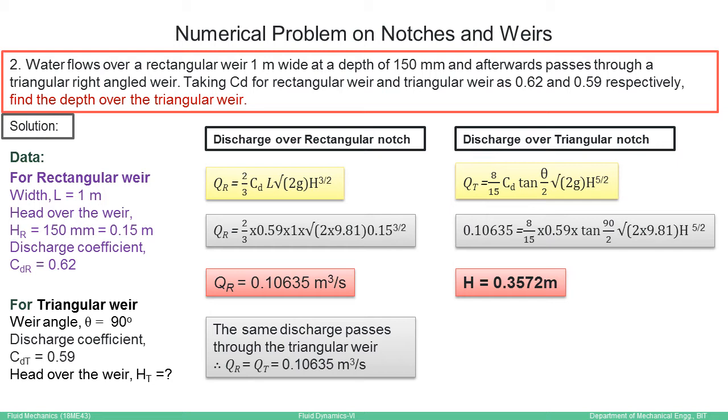In order to get h from h power 5 you take the fifth root of that value, and there you get the capital H value, 0.3572 meters. H is equal to 0.3572 meters.